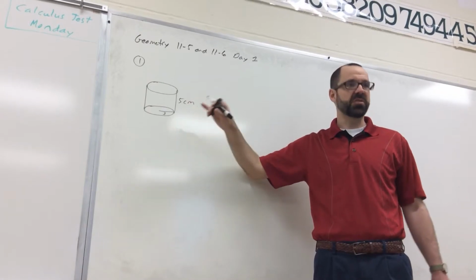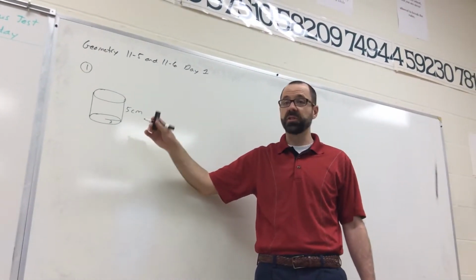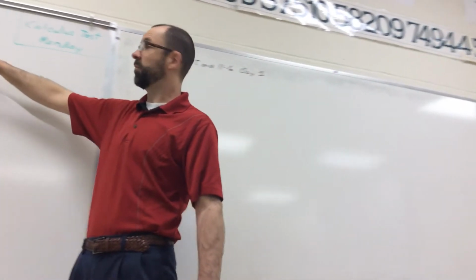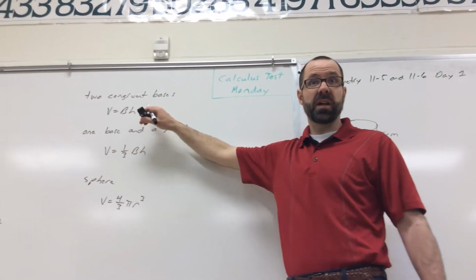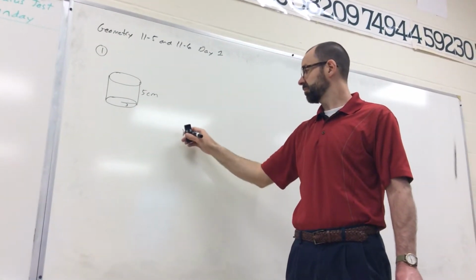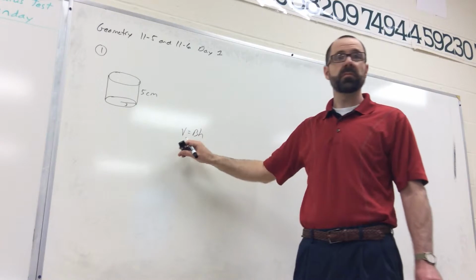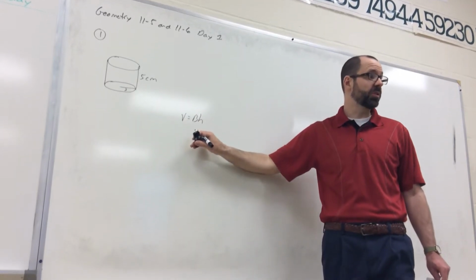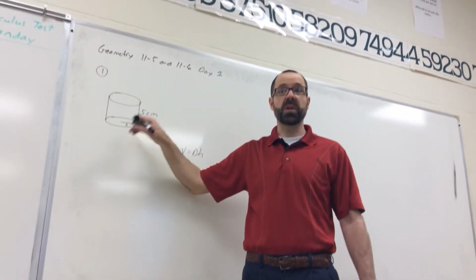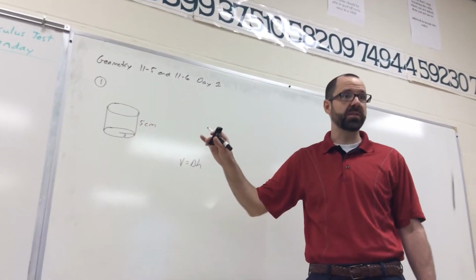It has 2 bases, right? The circle on the bottom and the circle on the top. Those are congruent to each other. Okay, so since it has 2 bases, that means the formula we're going to use is capital B times H. That's going to come second, though. So this is the volume formula we're using because this figure has a circle on the bottom and a circle on the top, 2 congruent bases.